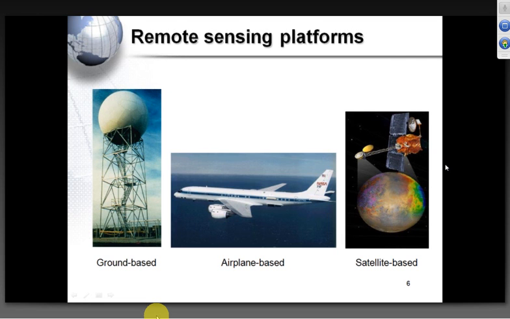Means in physical connection with the ground, you are taking the images, that basically comes under ground-based. Then airplane-based, or you can say aircraft. In that case, the imagery is taken at that particular height, that is airplane based. And finally, satellite based.